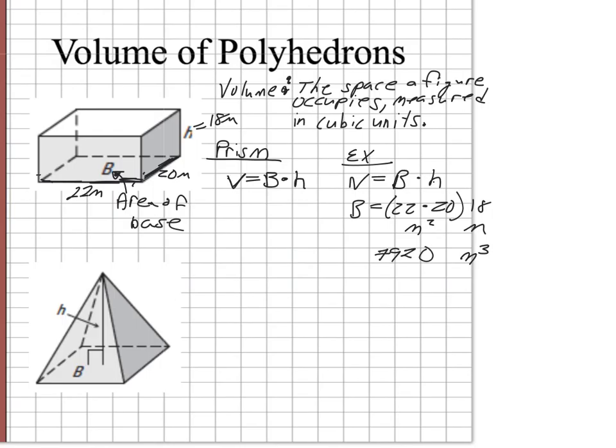So the total volume of this rectangular prism is 7,920 cubic meters.